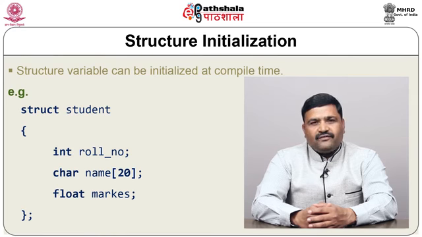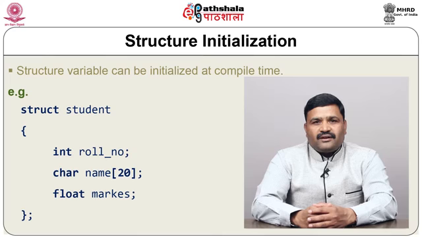There are different fields created under this structure, like student roll number, student name and student marks. Here the structure name is struct student. Under it there are three fields: student roll number, considered an integer, student name, considered a character, and marks, considered an integer.